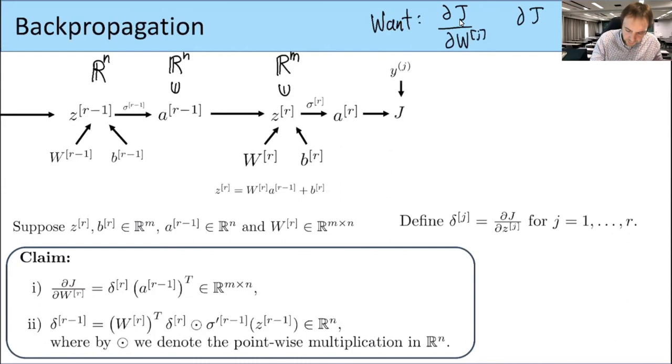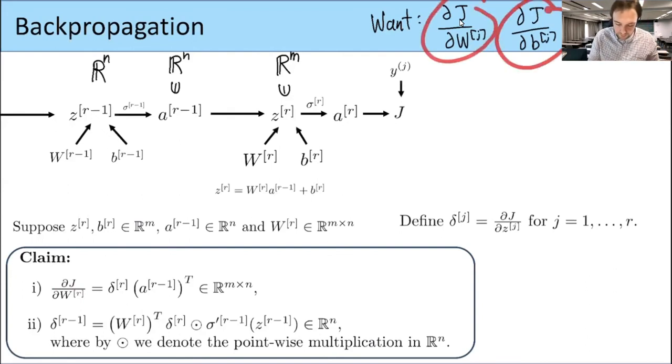And we also want this with respect to our biases. But if we understand this, then this part is actually easier. And the general claim are these two formulas.